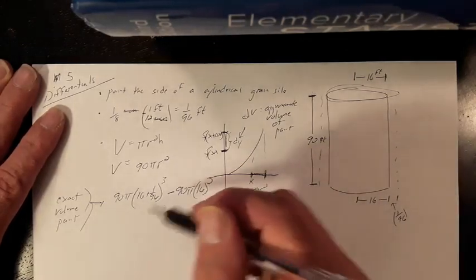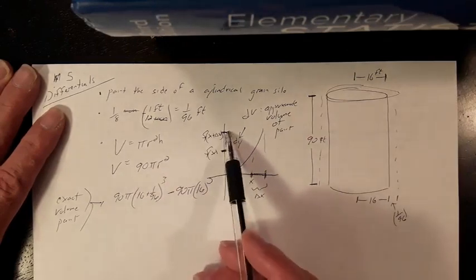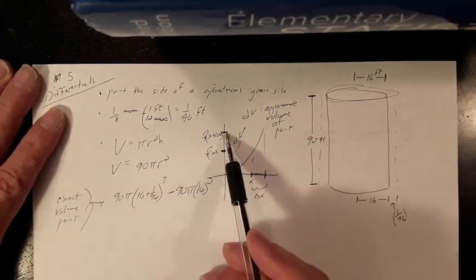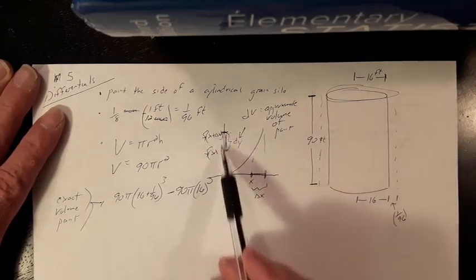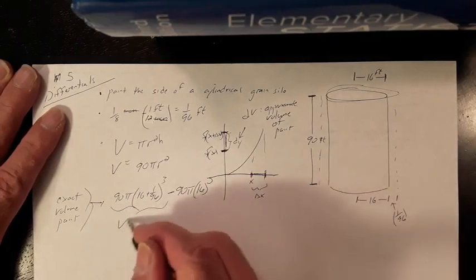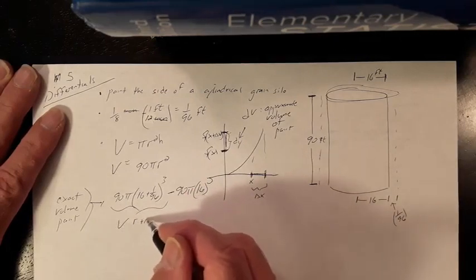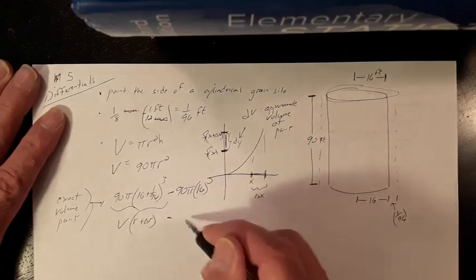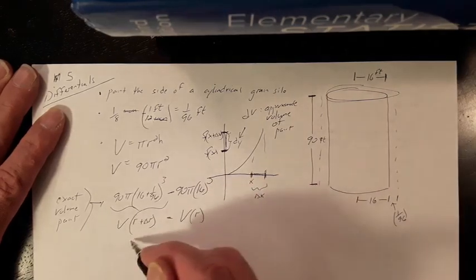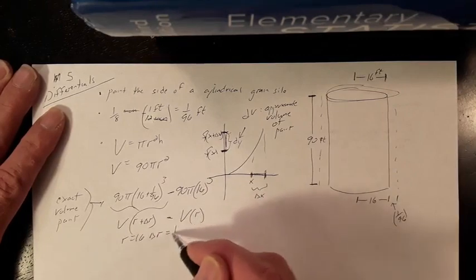This would be the exact volume of the paint, because once you put the paint on, the volume was up here, and without the paint it was down there. So this is the difference, f of x plus delta x minus f of x. This is v of r plus delta r minus v of r, where r is 16 and delta r is a 96th.